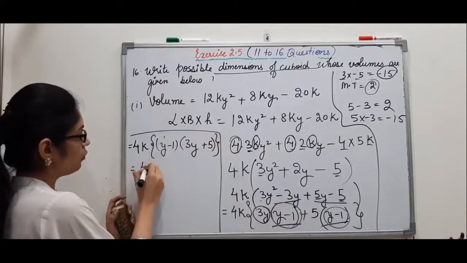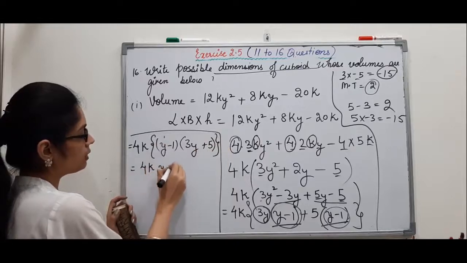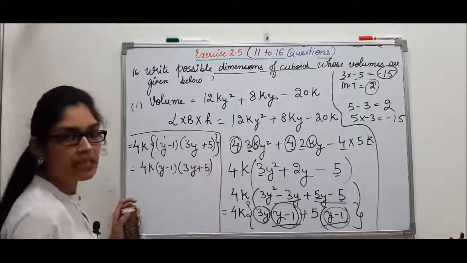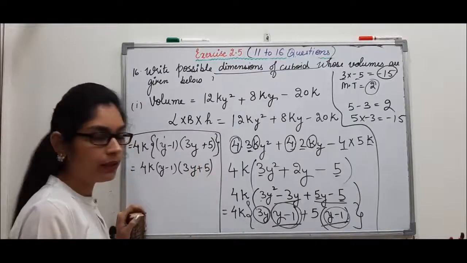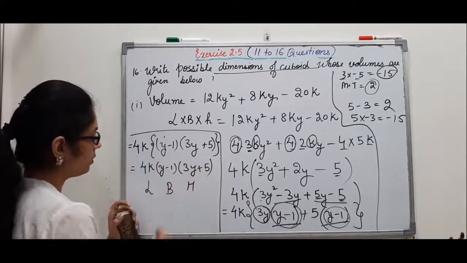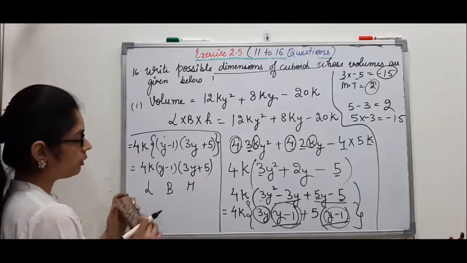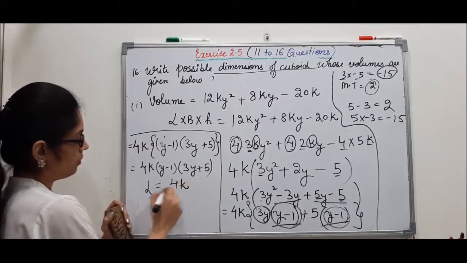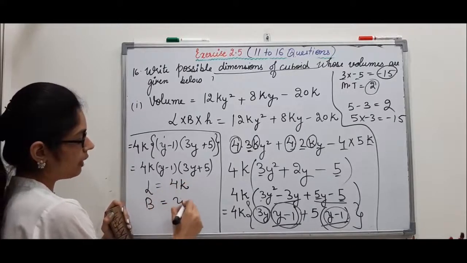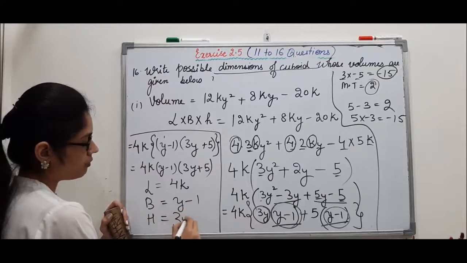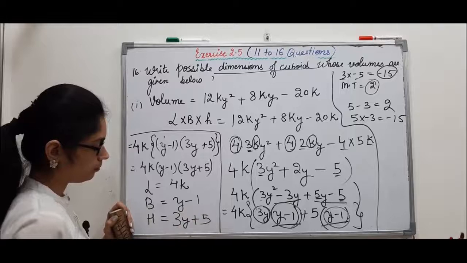So now we can write 4k into y minus 1 and 3y plus 5, which is equal to length into breadth into height. One term is length, this is breadth and this is height. So length is equal to 4k, breadth is equal to y minus 1, and height is equal to 3y plus 5.